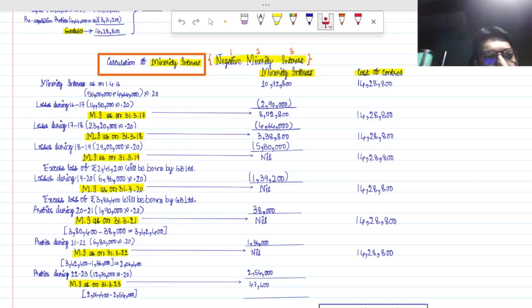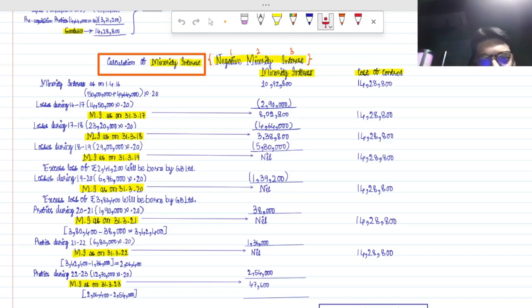This is the minority interest on 1/4/16, 10,92,800. Losses during the year 16/17, in this way you need to deduct from their portion, nil.